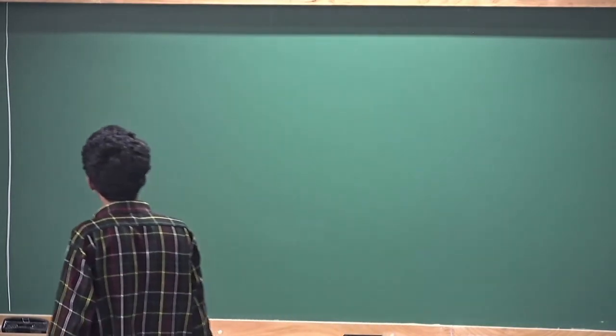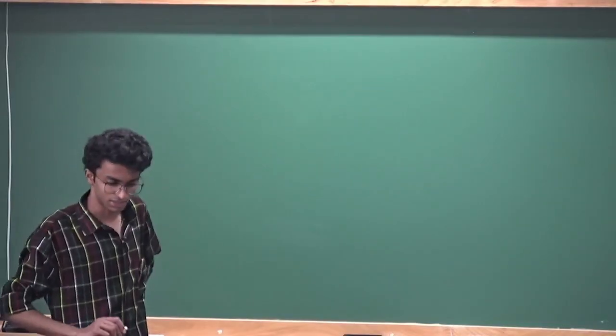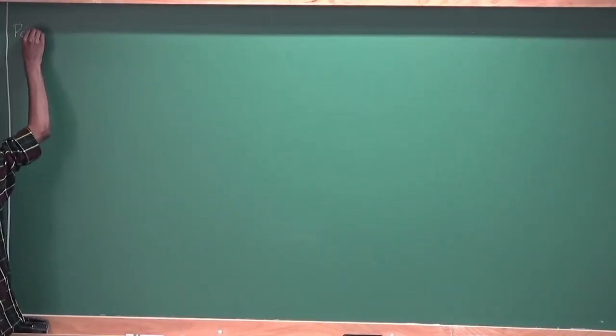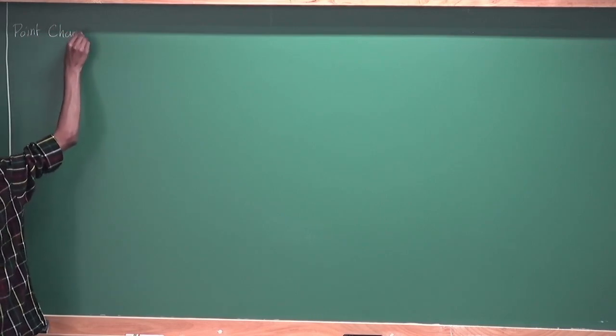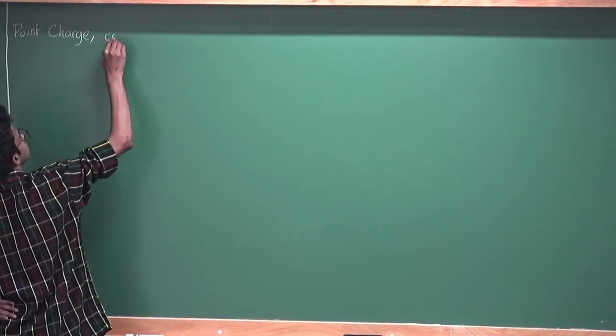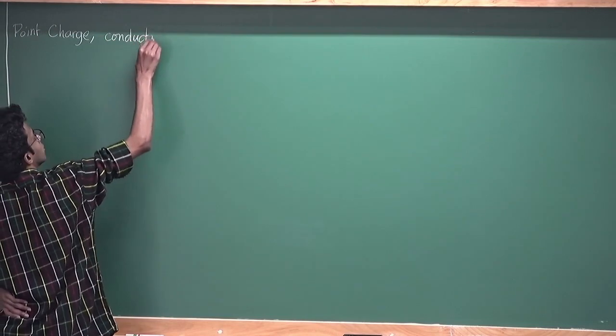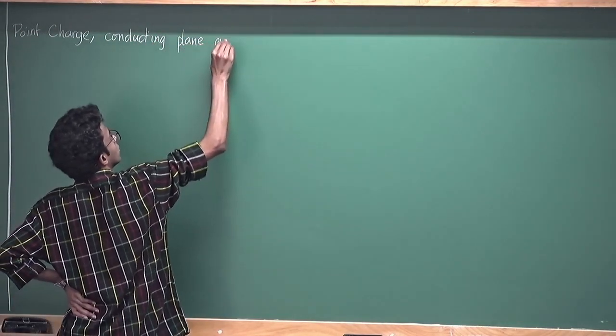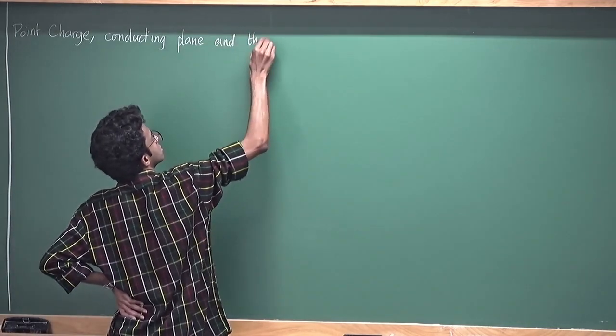So let's begin by solving this straightforward and simple problem of the conducting plane, okay? Point charge over the conducting plane, point charge, conducting plane, and the method of images.